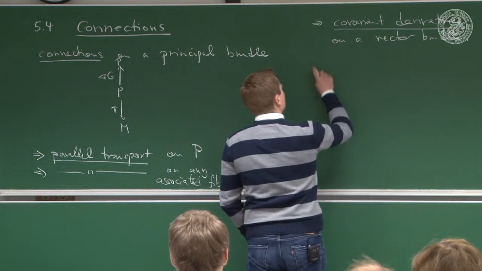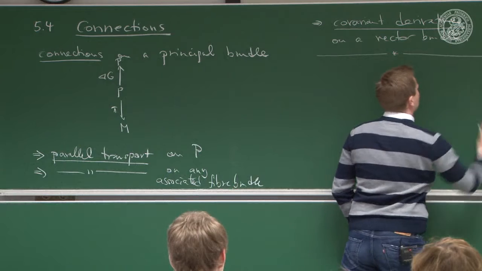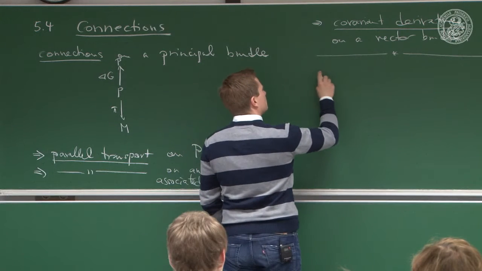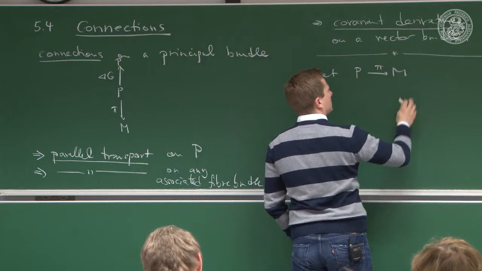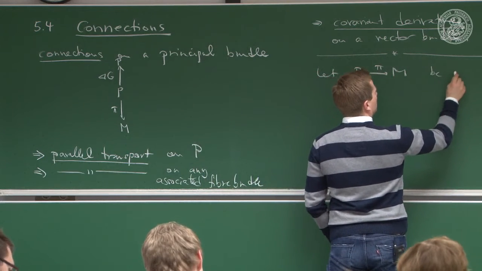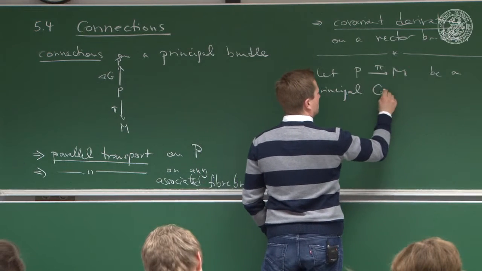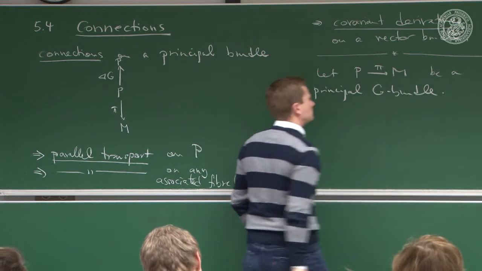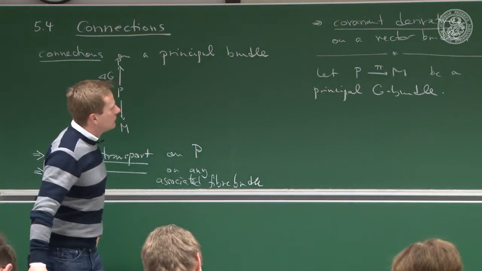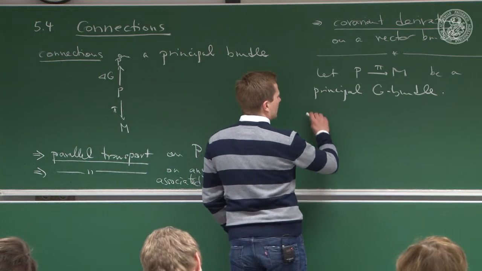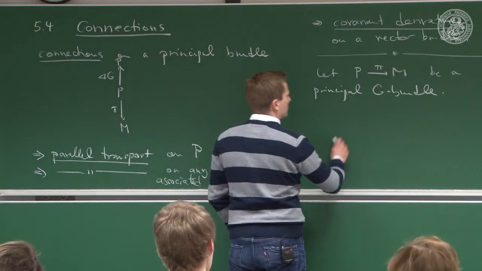So this was just the introduction, and now let's look at a particular principal bundle P. Let this be a principal G-bundle. Then this right action we have here induces a vector field on this principal bundle.